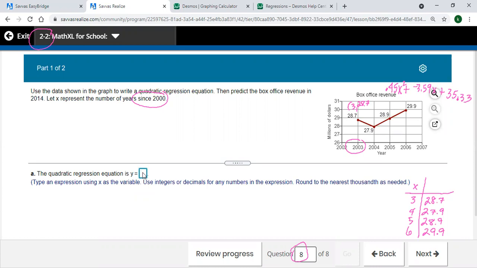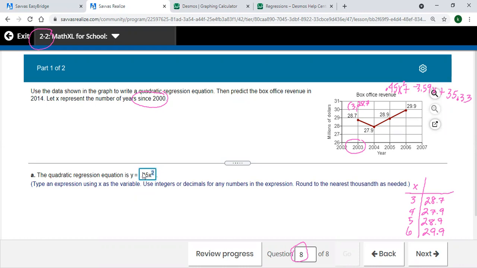So what does it say? Type expressions, x is the variable, use integers or decimals for any numbers, round to the nearest thousandth. So we didn't have to round to thousandths. So I feel like this one better be right. Had one earlier that we were off by 1/1000th due to a rounding difference between Savas and Desmos. That's kind of frustrating.